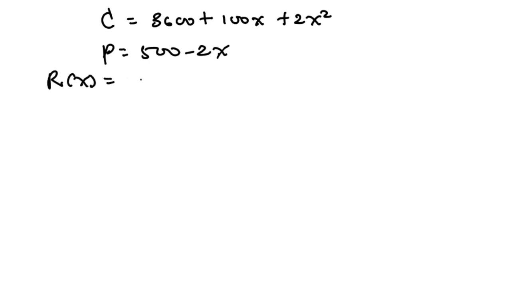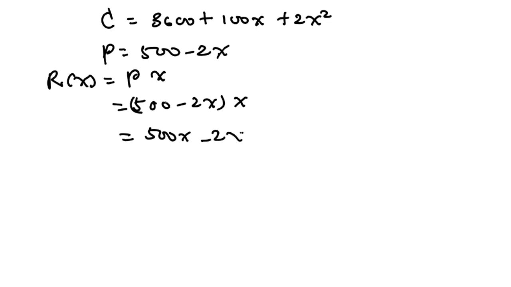The revenue function here is price times quantity, isn't it? In this case, substitute the price here, times quantity. So it is equivalent to 500x minus 2x squared. So this is our revenue function. Next, we need to find x at the break-even point.